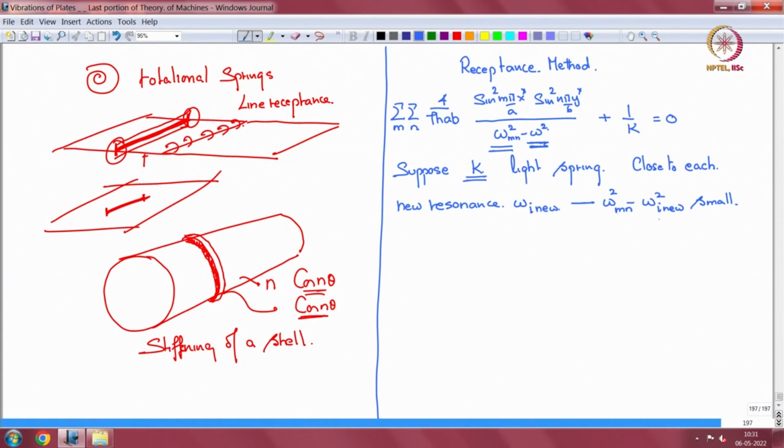Around each omega I nu, this term will dominate because it is in the denominator. And so we can come up with an equation for I nu.